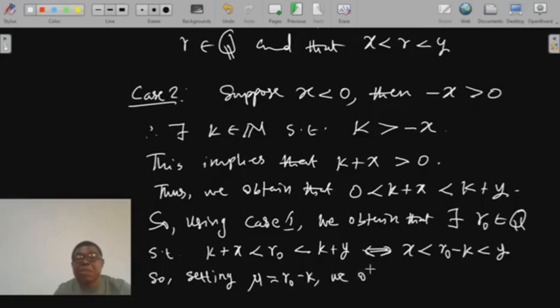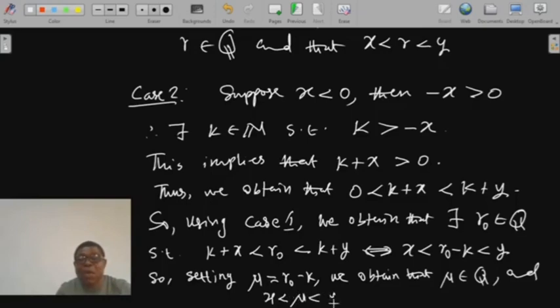We obtain that mu is a rational number, and then x is less than mu, less than y.